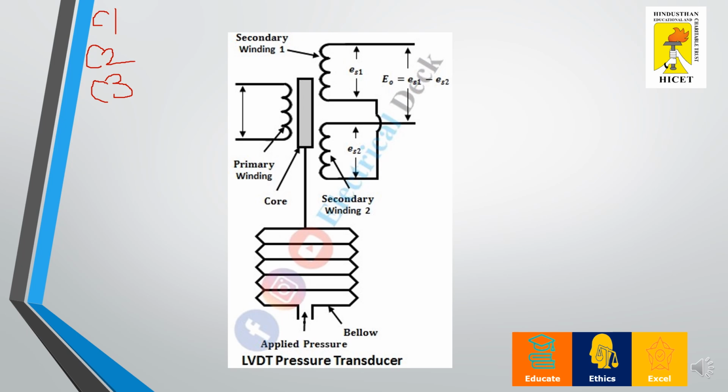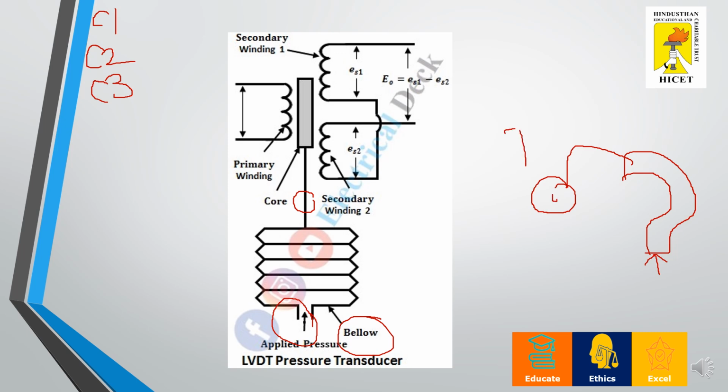Now what happens when we apply a pressure? When I apply a pressure, this bellow will sense the pressure. I'll make it short here. There is a pressure applied over here. Yes, this is a Bourdon tube. I'm applying a pressure over the tube, and there will be a pulley over here.